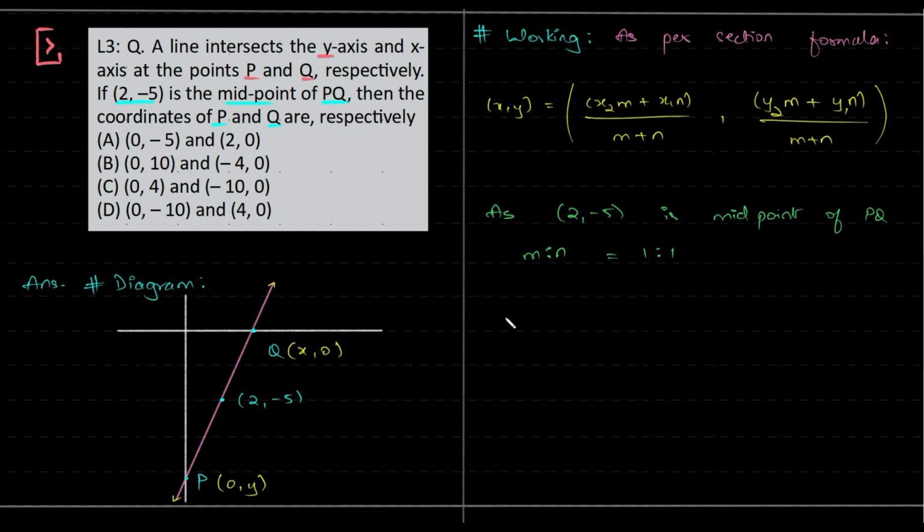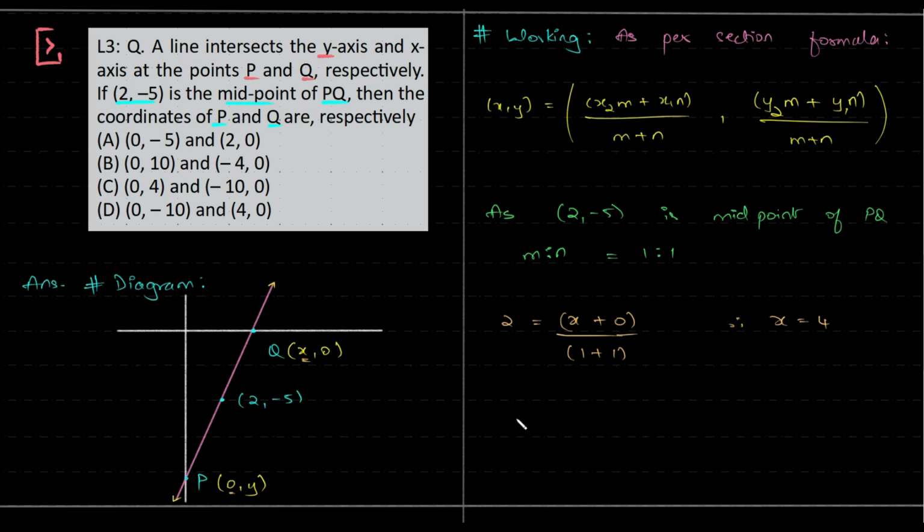So 2 will be equal to x2, I'll take x2 as x itself, doesn't matter, plus 0, since we have x and 0, divided by 1 plus 1. For the simplification, this is 2, so x is equal to 4. Therefore x is equal to 4. And what else do we have?